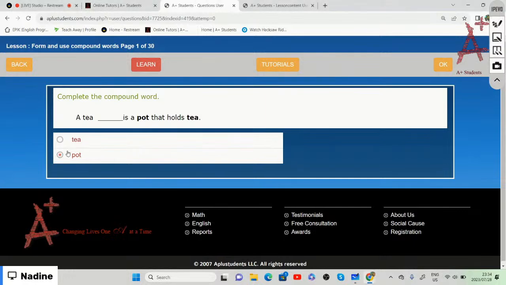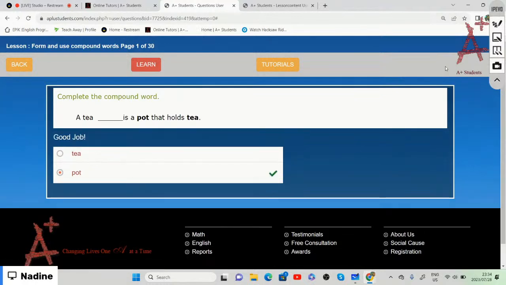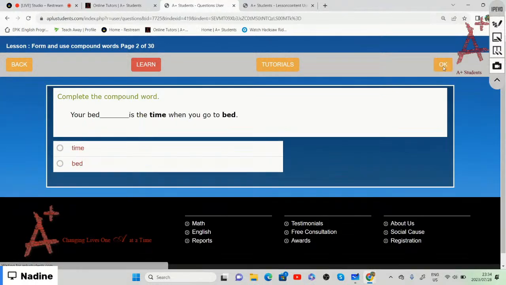All right. So which means that tea is already given, right? So we said it is a teapot. So if tea is already given, then we are just going to add another word, which is pot. So a teapot, it holds that tea. So tea is given. So we just had to select the pot.